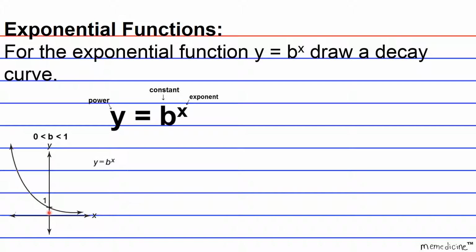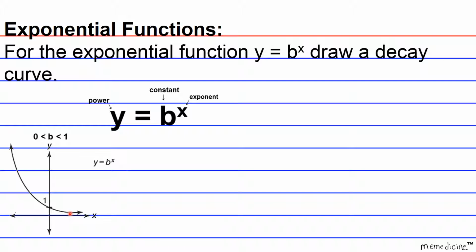Here we have our y-intercept of 1, because any base raised to the 0 power, when you input 0 for x, is going to yield 1, regardless of the constant base, okay? And a visual inspection also reveals that we have a horizontal asymptote at y equals 0, also known as the x-axis.